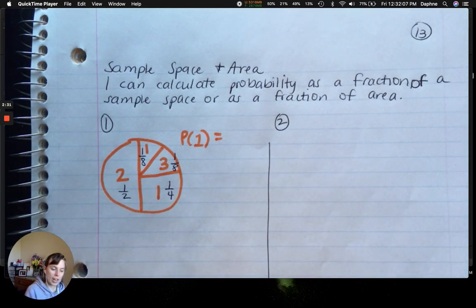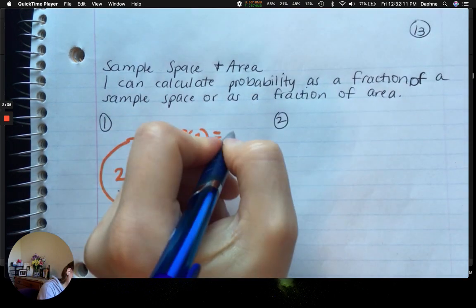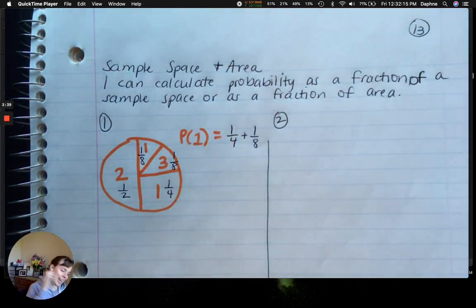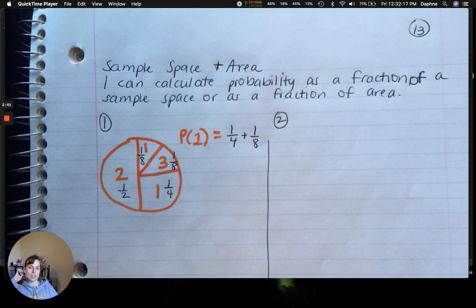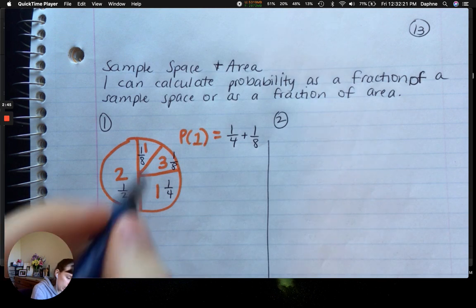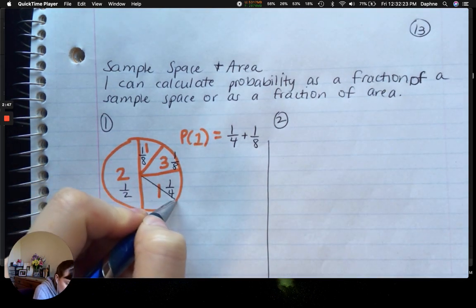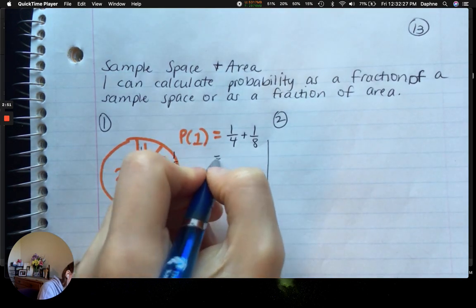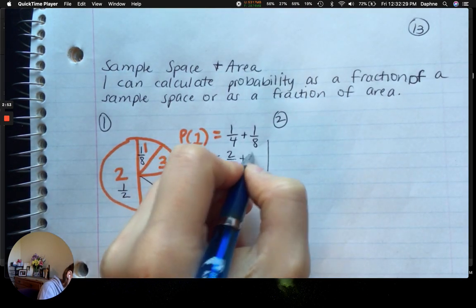So now for the chance to spin a 1, I have to add a quarter and an eighth. All right, but in order to add these, they have to look the same. So notice that 1/4 is the same as how many eighths? 2 of them. So we're going to write 2/8 plus 1/8.